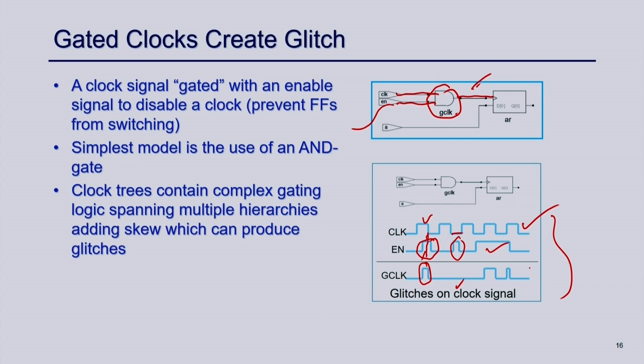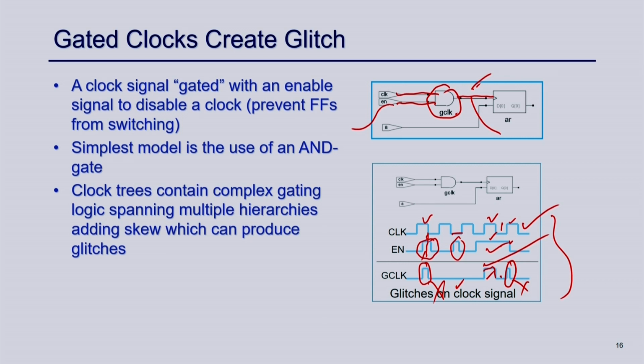But here, because this is 1 and this is 1, the output will be 1. This is 0 and this is 1, but the output will be 0. So, this is the output signal, the gated clock, but here this is 1 and this is also 1, so there is this momentary glitch. The wanted part is only this; this is redundant, this is redundant. So, this glitch will be created in the clock path. The gated clock will create that.